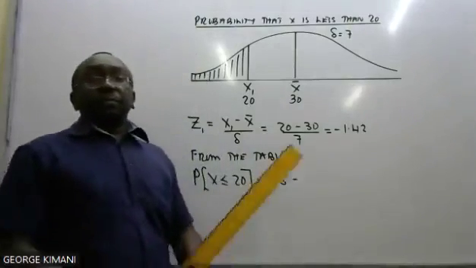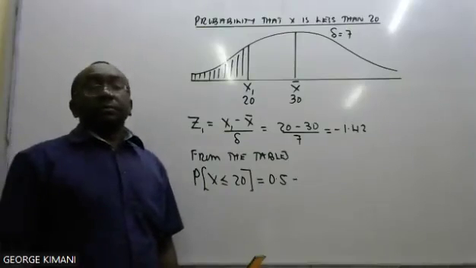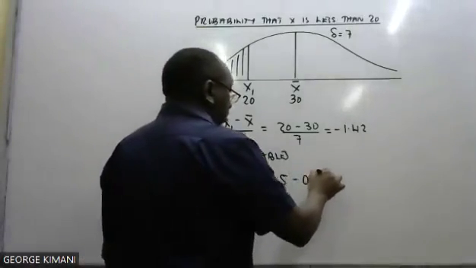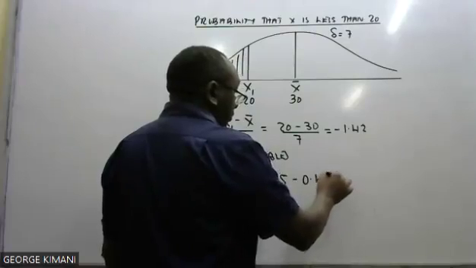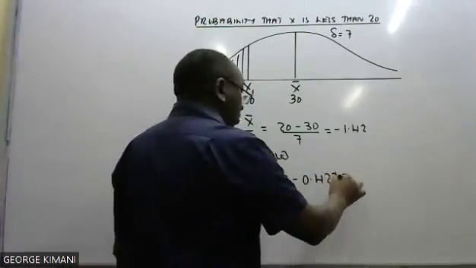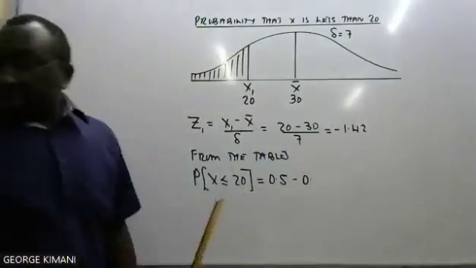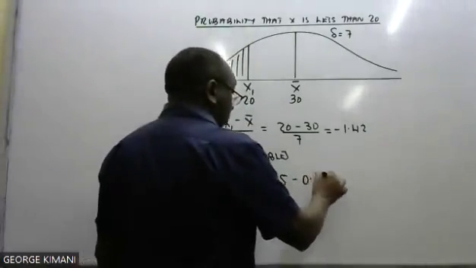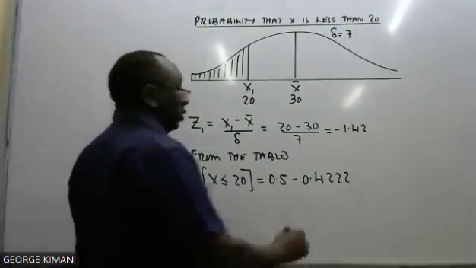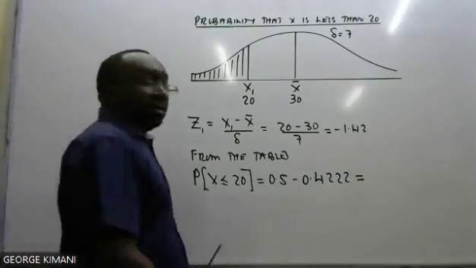Now go to the table, read for me this 1.4, column 2. 0.42, 0.4242. So you subtract and the answer is, yes, Brian, I can see your answer, good.